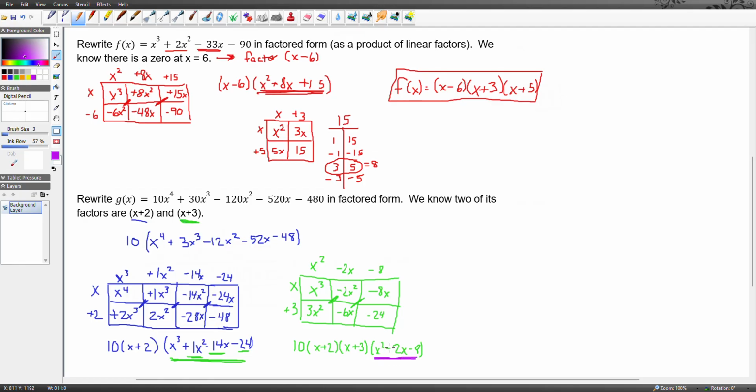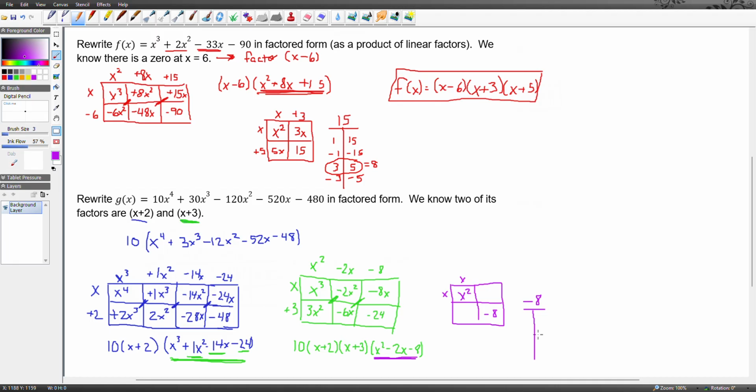It's got x squared, so I can break that part down using just a little 2 by 2 box. So I put x squared in this corner, which is x times x. I put negative 8 down here. Then I think of all the different ways to get to negative 8.